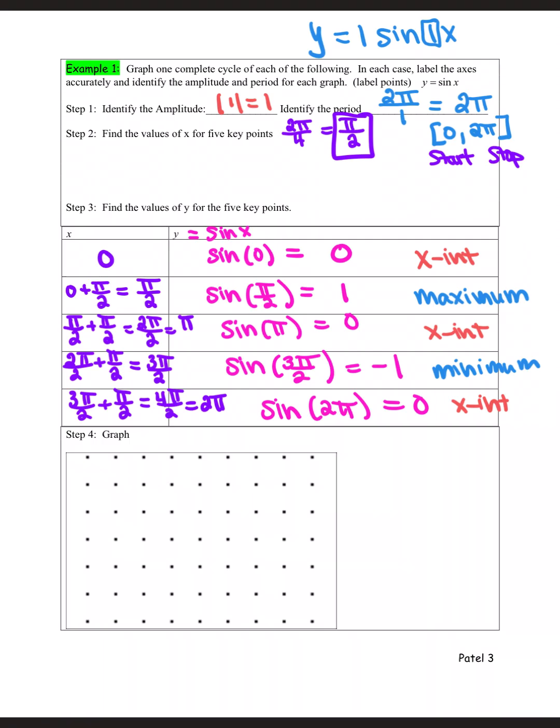So I'm just going to sketch my y-axis, and I'm going to label my points. This is 0, 0. My next point is pi over 2, 1.